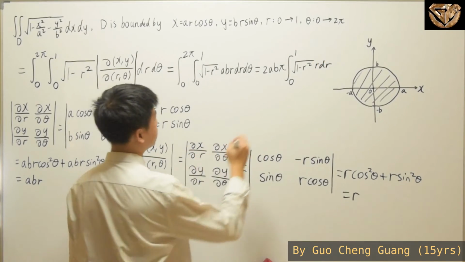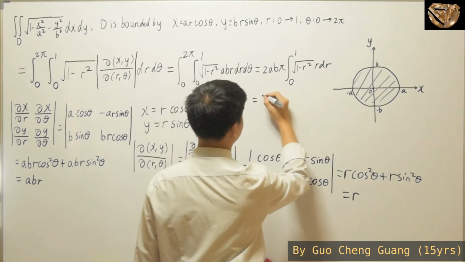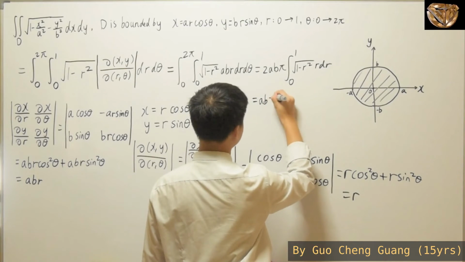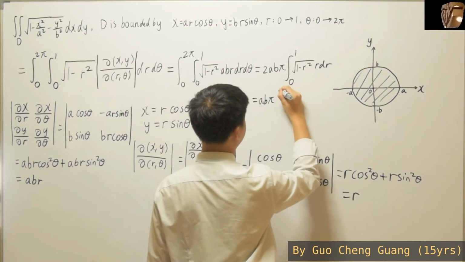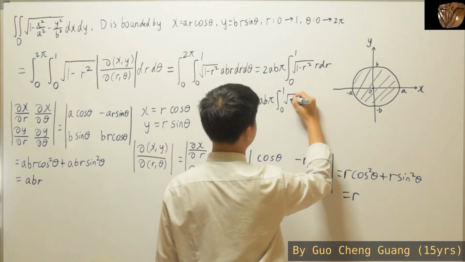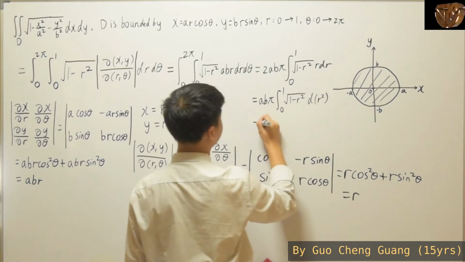So in this part, you will just put your r inside while using up one of your twos from the outside. So ab pi integrate from 0 to 1 square root 1 minus r square d r square.